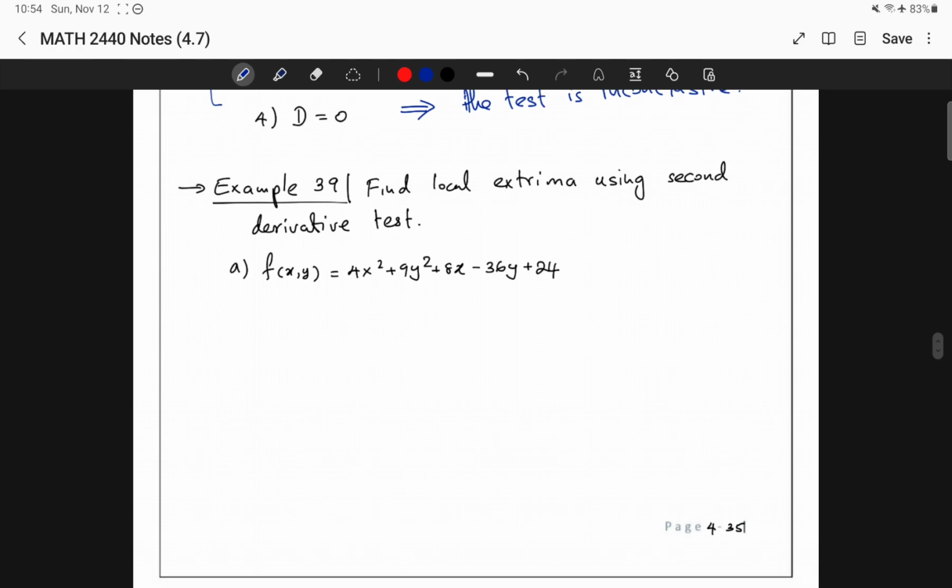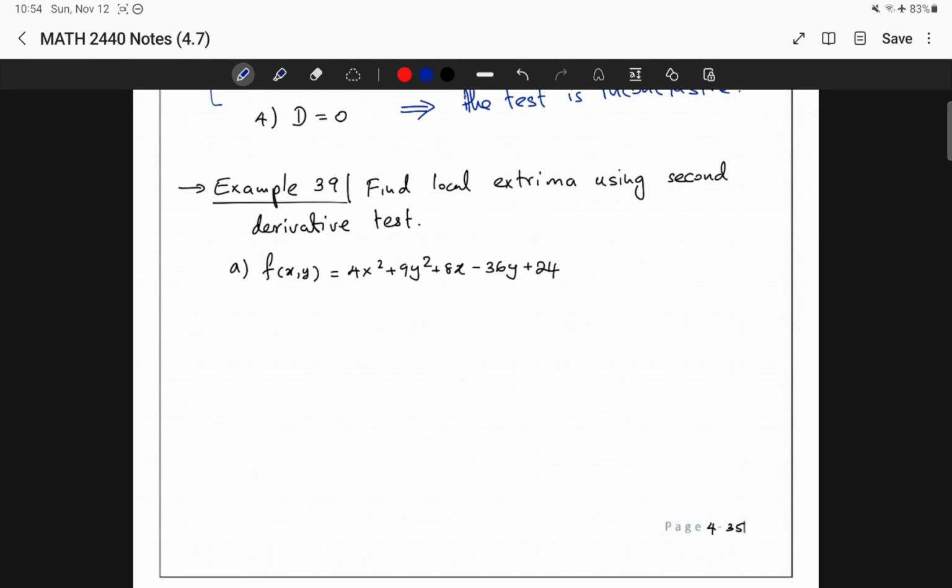Example number 39. Find local extrema using the second derivative test. So find all the local extrema of this function. f is 4x squared plus 9y squared plus 8x minus 36y plus 24. Okay, so the drill is first find the critical points.